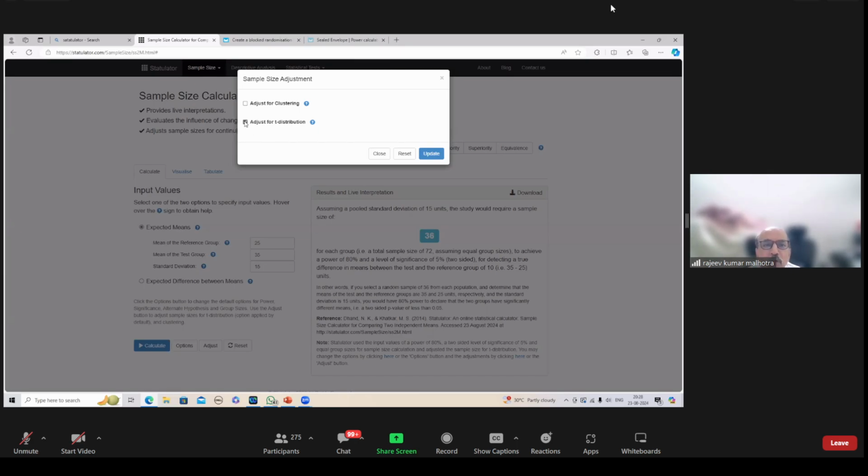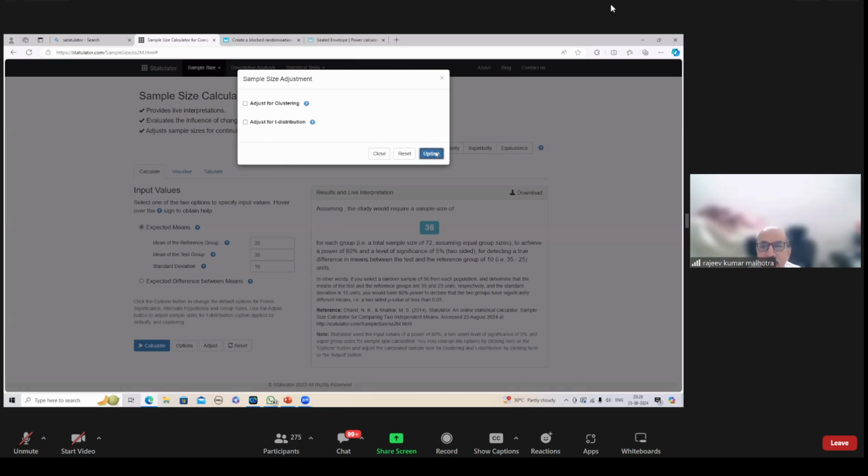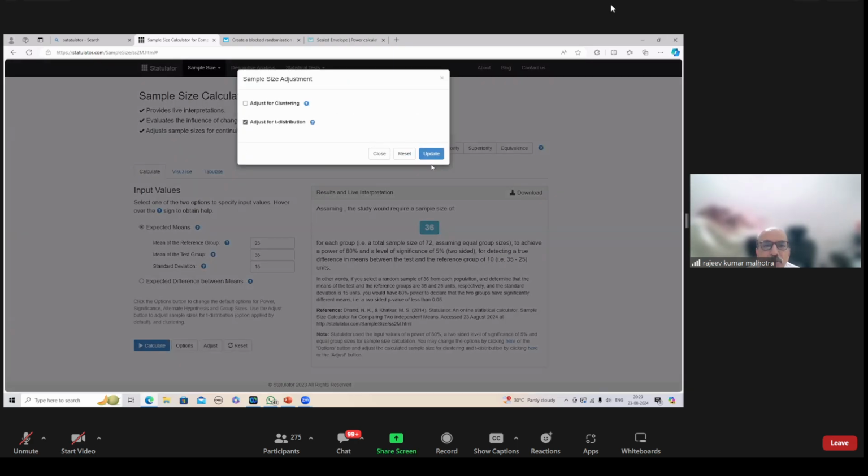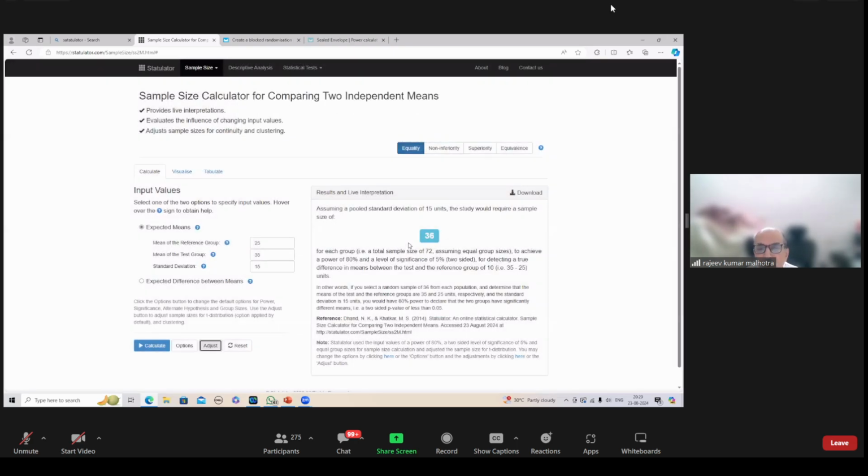If you uncheck that, you will get the sample size of 36. There is not much difference. But sometimes you find there is a slight difference between the t distribution and the normal distribution.